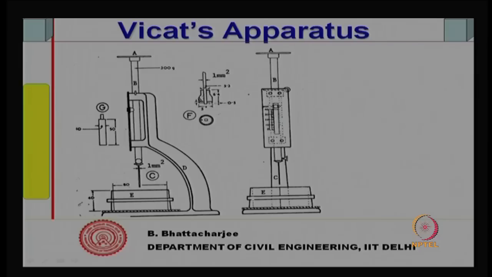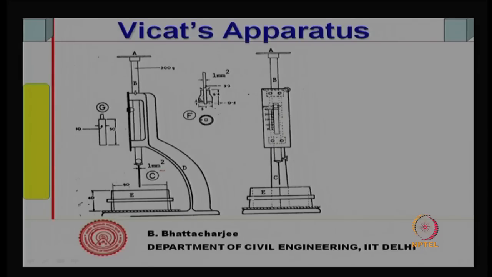consistency etcetera of cement. Now, this is your cement paste in a mold. The dimensions of the mold are given, not very important for our class to look into. And you have Vicat's needles. In fact, you have more than one needle: first a 1 millimeter square needle, and then a needle plus a small plunger, the small needle 1 millimeter square, then a plunger of larger diameter, with a small gap between the tip of the needle and the plunger bottom.